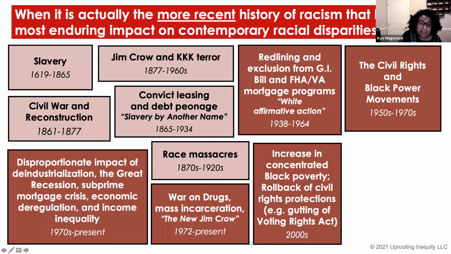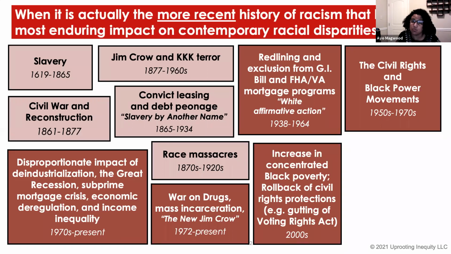But it's actually the more recent history of racism that has the most enduring impact on contemporary racial disparities, that allow us to understand, like when we want to understand George Floyd, when we want to understand racial disparities today, when we want to understand police brutality. All that stuff from slavery, Jim Crow, Civil War, Reconstruction, it's slightly related, but not as strongly as these other eras in that darker red.